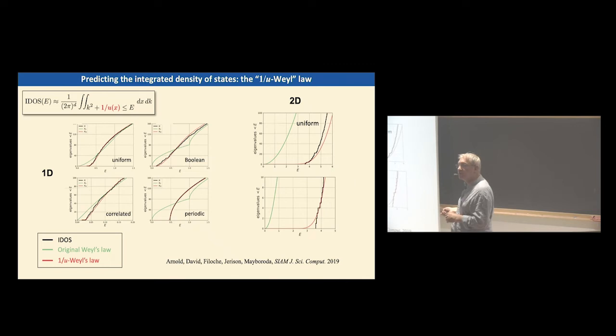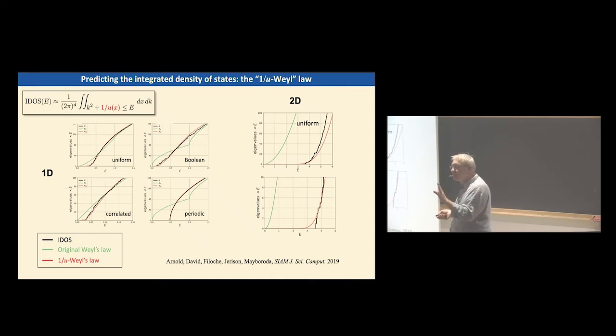It's a periodic potential. In green, you have the asymptotic Weil law that is known, that I've shown you before. In black, you have the actual computed IDOS, counting function. In red, you have the prediction by the localization landscape. What is amazing is that even in the periodic case, you have the correct prediction of where to start and the shape after.